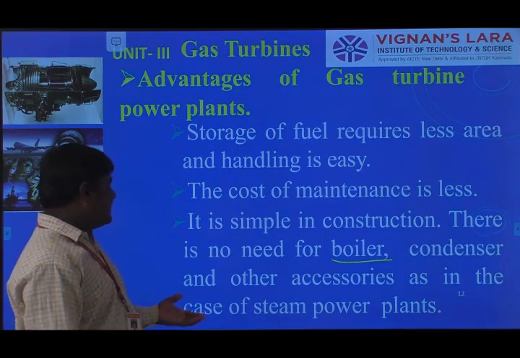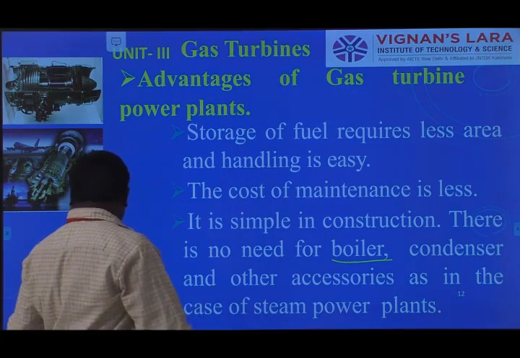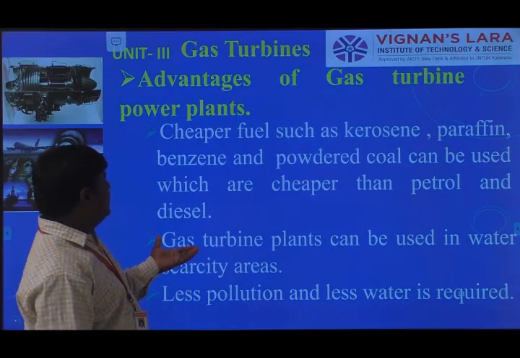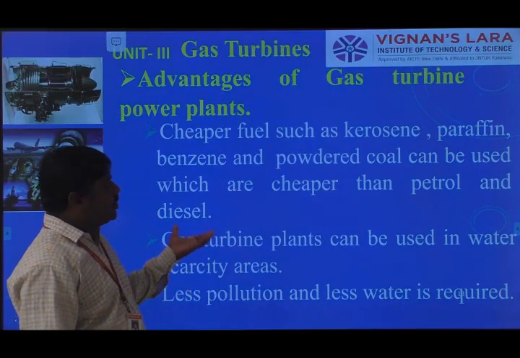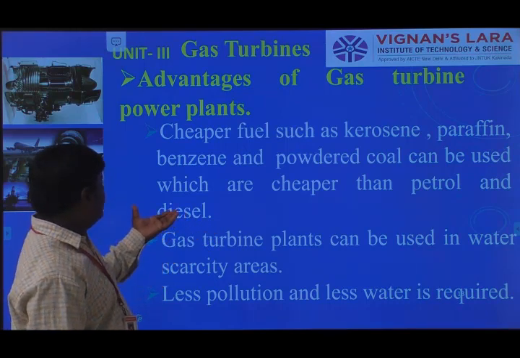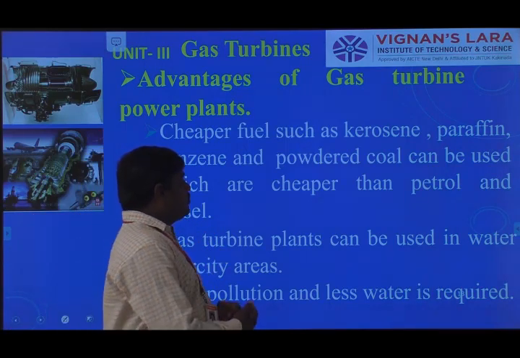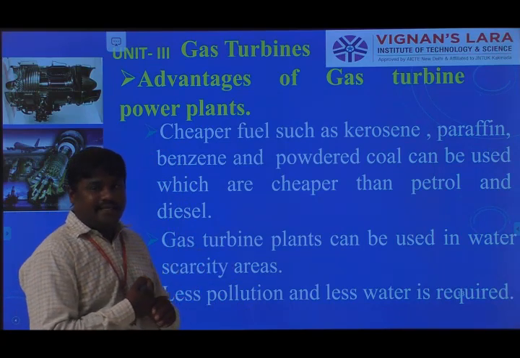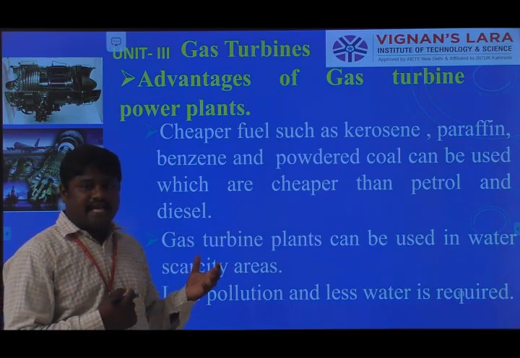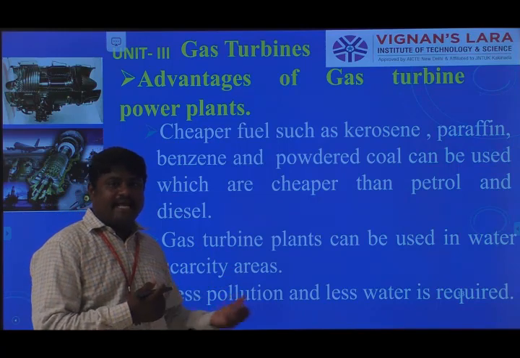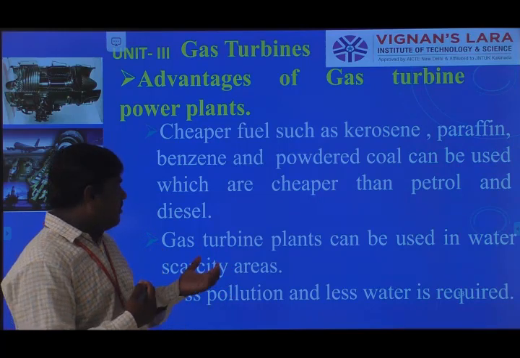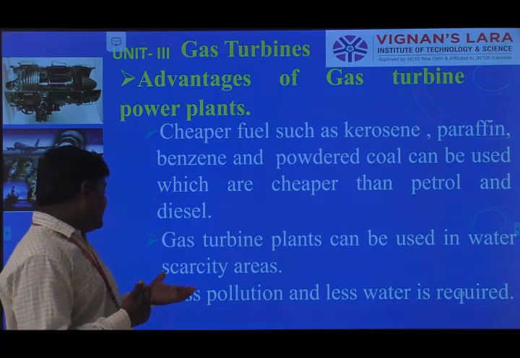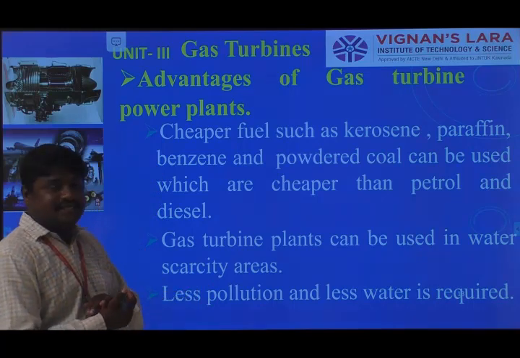It can use cheaper fuels such as kerosene, paraffin, and powdered coal, which are cheaper than petrol and diesel. Gas turbine plants can be used in water-scarce areas, with less pollution and less water required.